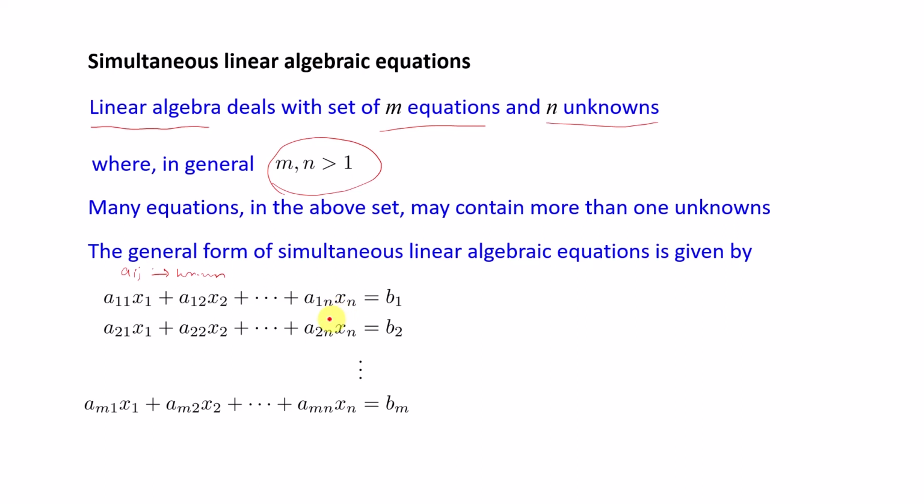However, some of these a's may be 0, so it is not necessary that every equation will have n unknowns. But in the general case, every equation may have n unknowns, and we have m equations.